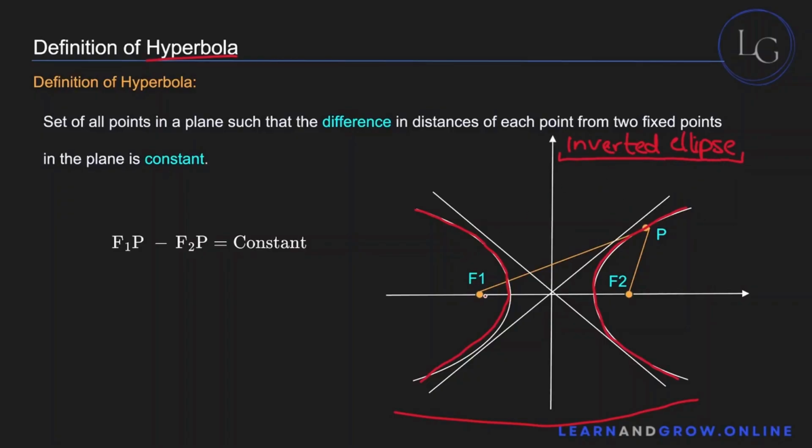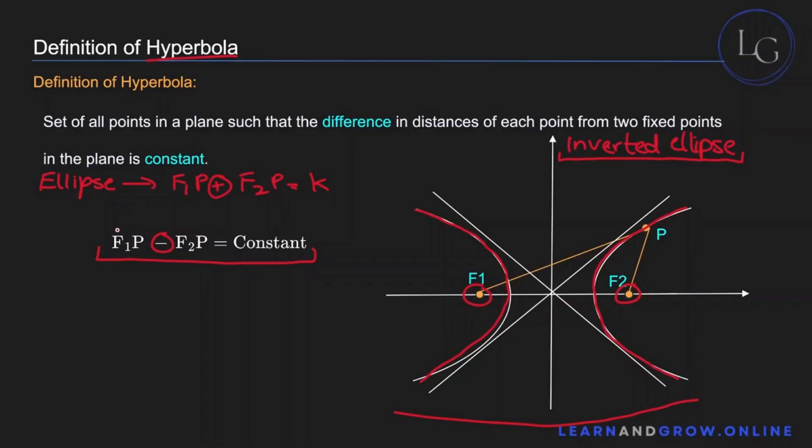It's similar to an ellipse also because it has 2 foci, right? And it has this equation that holds true for all hyperbolas. Now in case of an ellipse, this equation was f1p plus f2p is equal to some constant. The only difference between both of these equations is this sign, and it exists because of the inversion of the parabolas.